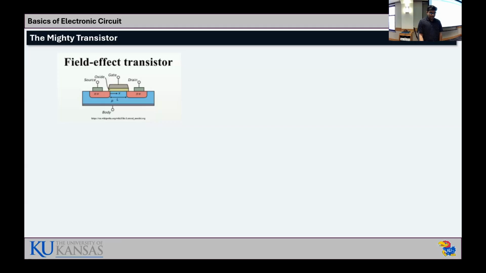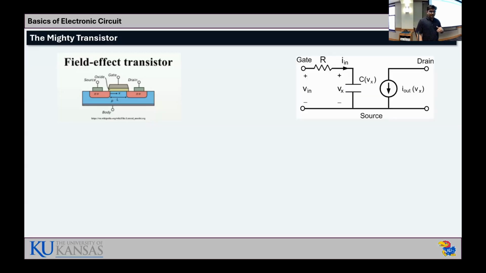And this is the layout level or device level schematic of a transistor. But you can represent this transistor with basic electronic components, that is resistance, current, and capacitance.